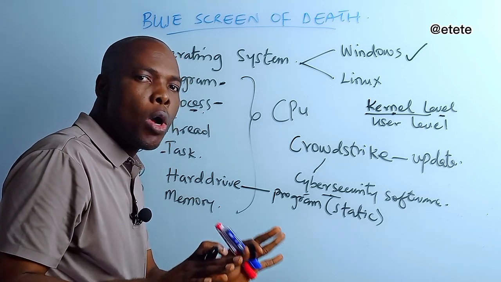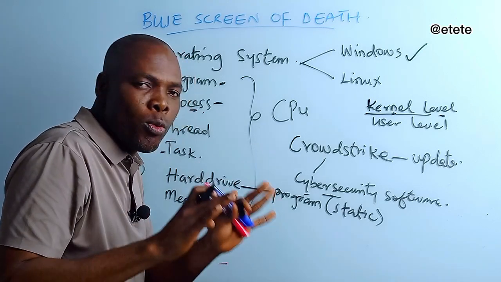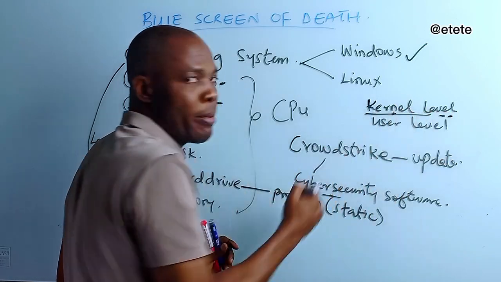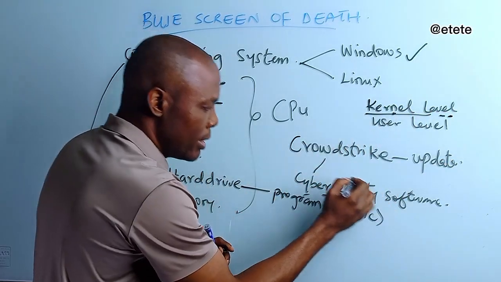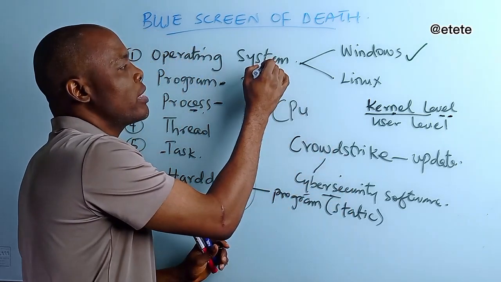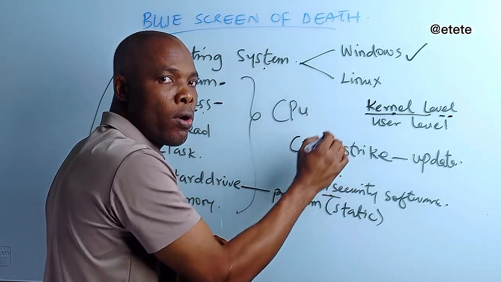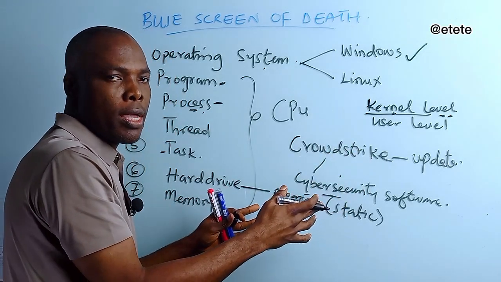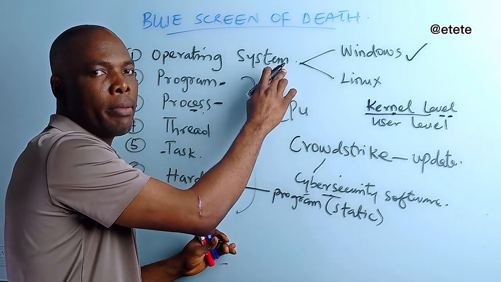I don't know, they did not tell us exactly what happened, but I'm telling you, that could likely be the problem: that the software that they updated and the operating system were contending for probably a hardware resource. And that led to the crashing of the operating system.